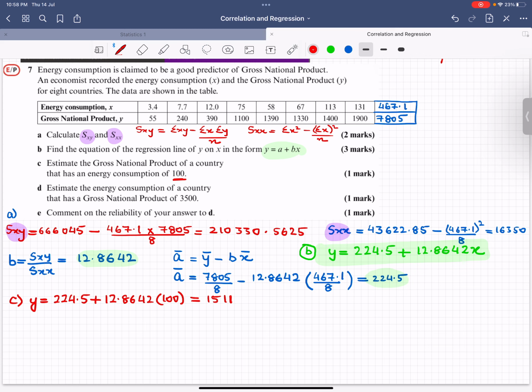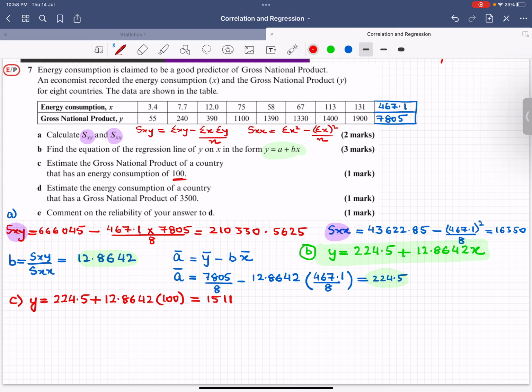Moving on to part D, we have to calculate the estimated energy consumption of a country that has gross national product of 3500. So here we are given the Y value and we have to calculate the X value. We know that the regression line works best when we use the X value to calculate the Y value.